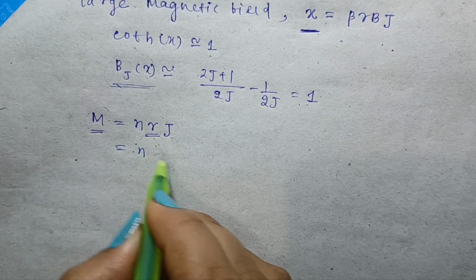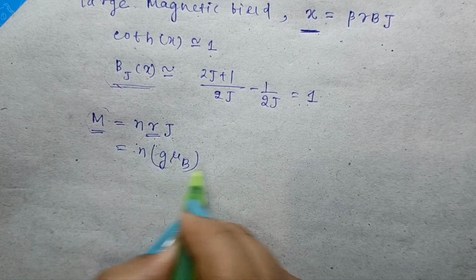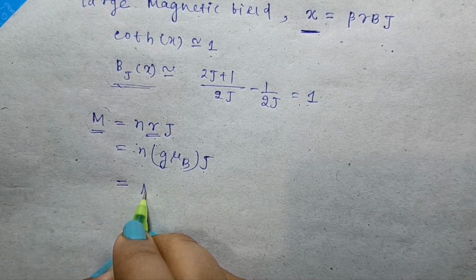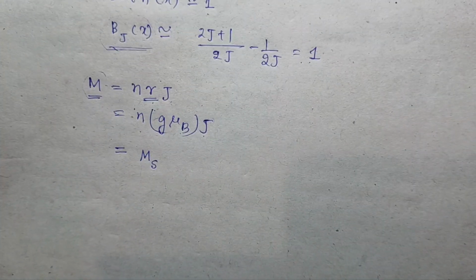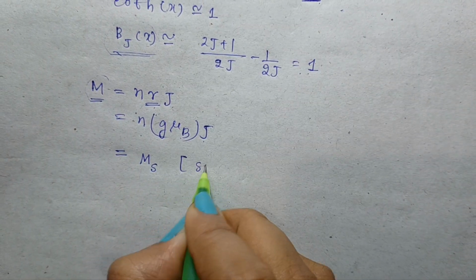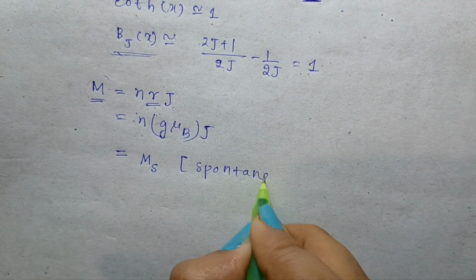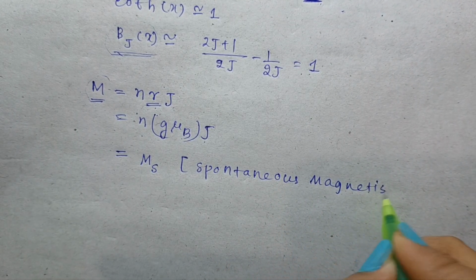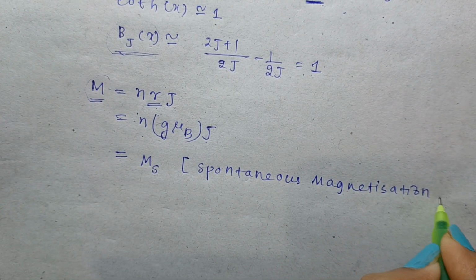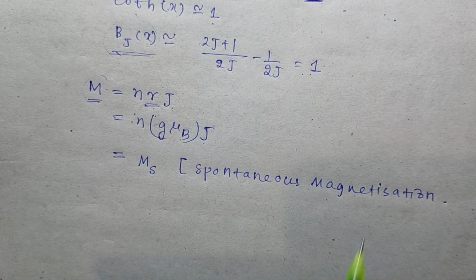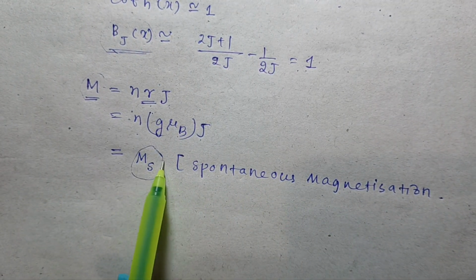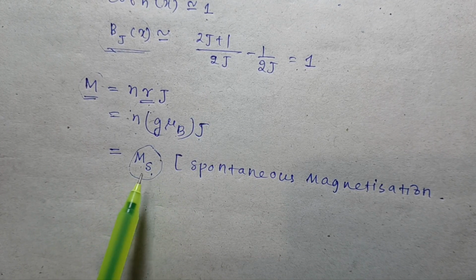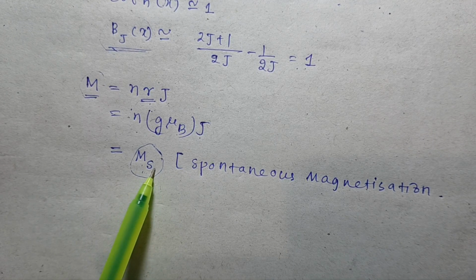So instead of Bj(x) I am putting 1, so the expression of magnetization will be N γ j. And what is the value of gamma? That is g μB, right? So N g μB j, and this whole thing can be written like this, Ms. Here Ms is spontaneous magnetization. This Ms gives the limiting value for magnetization.